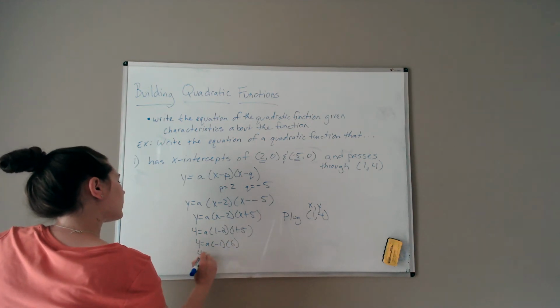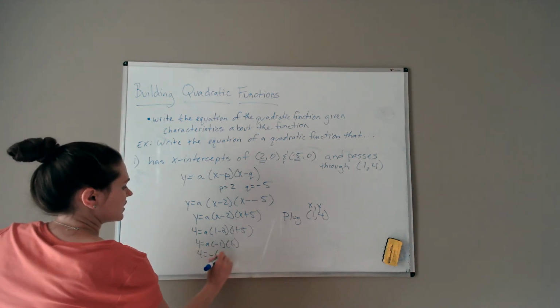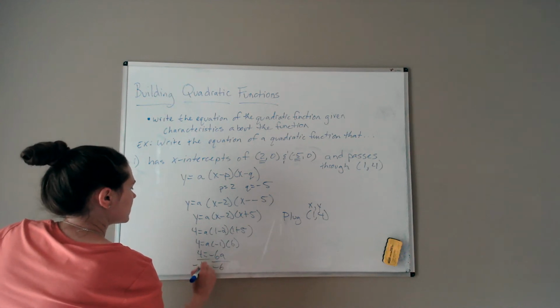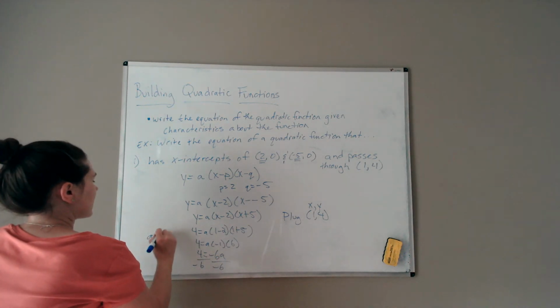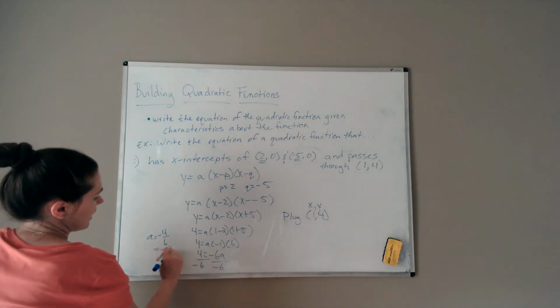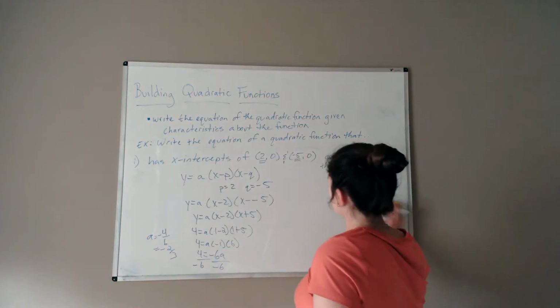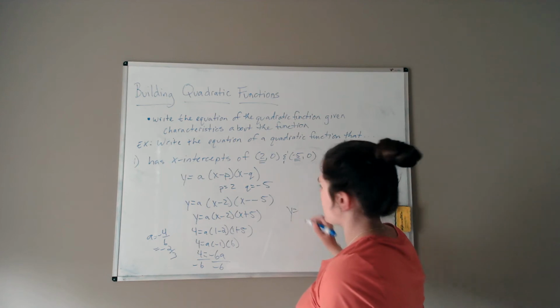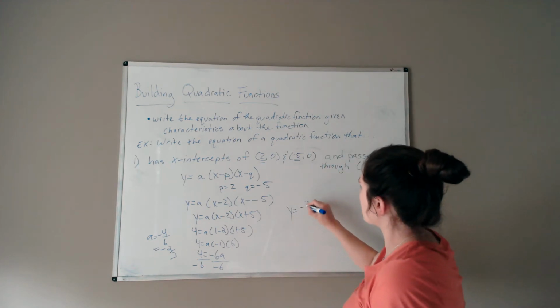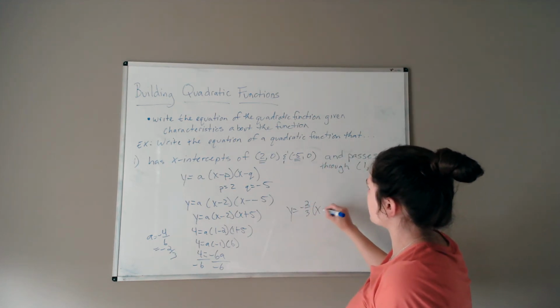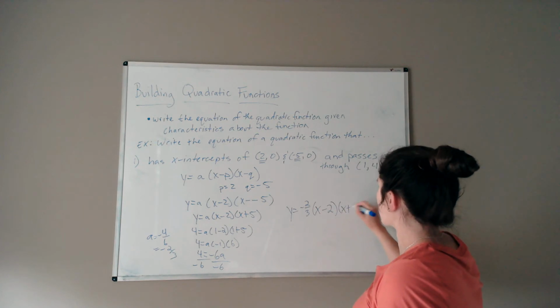So 4 equals -6a. Divide by -6, and a equals -4/6, which we could simplify to -2/3. So this quadratic function has an equation of y equals -2/3 times (x minus 2) times (x plus 5).